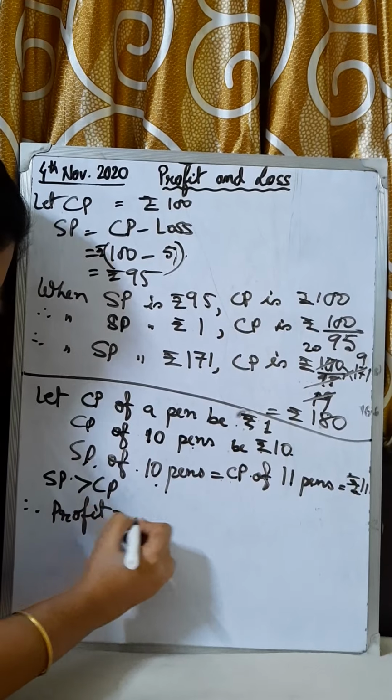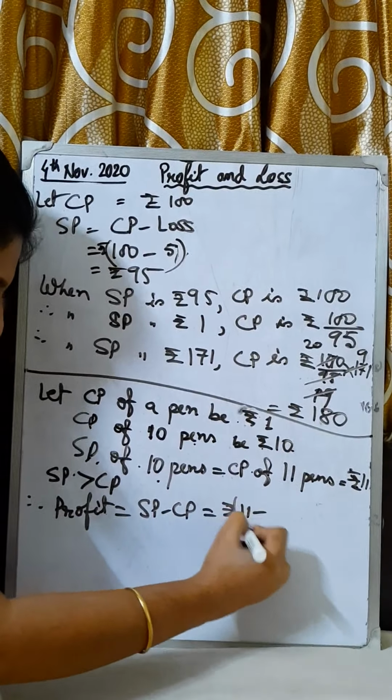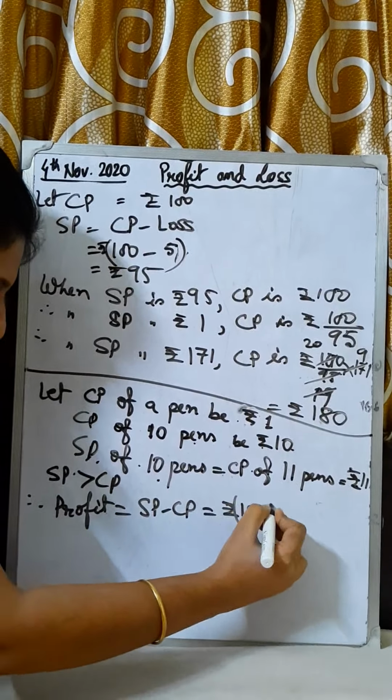Because cost price of 1 pen is 1, then cost price of 11 pens is rupees 11. Now see, 10 pens cost price is rupees 10, 10 pens selling price is rupees 11. That means selling price is greater than cost price. Therefore profit equals selling price minus cost price, that means rupees 11 minus rupees 10, which equals rupees 1.